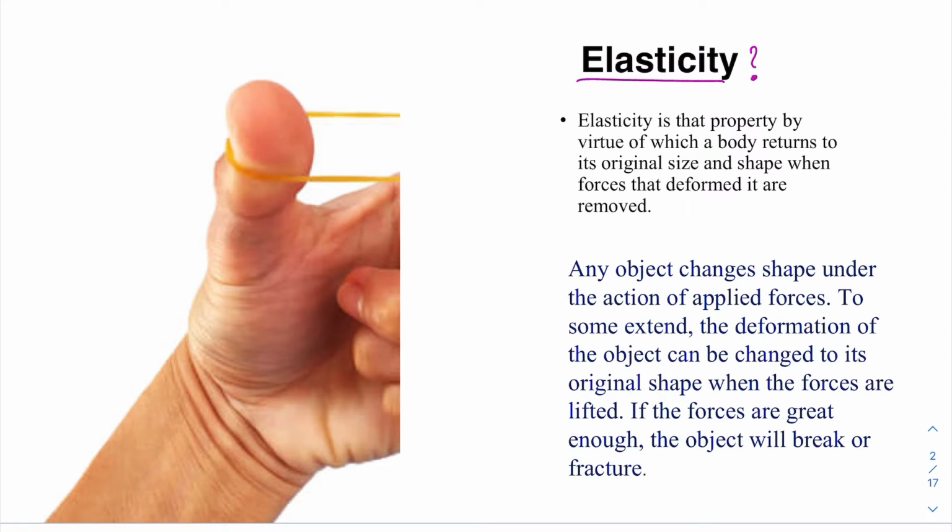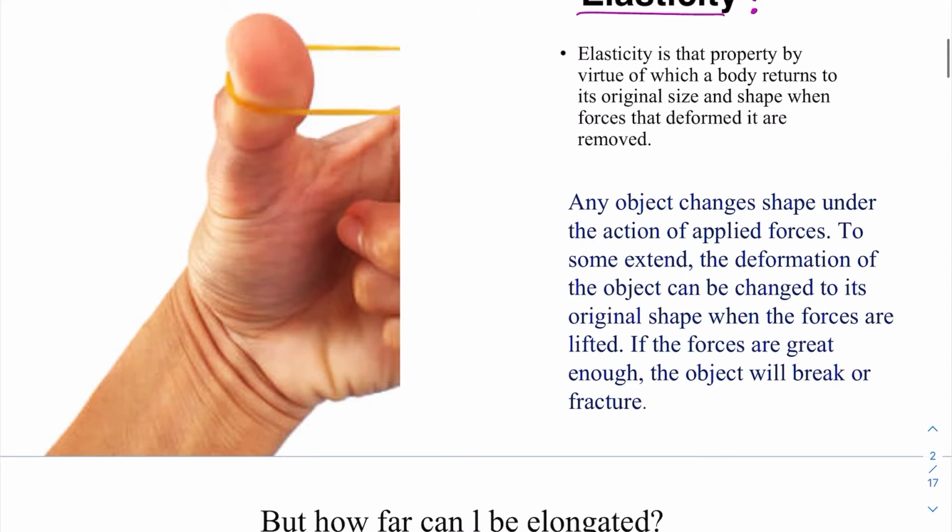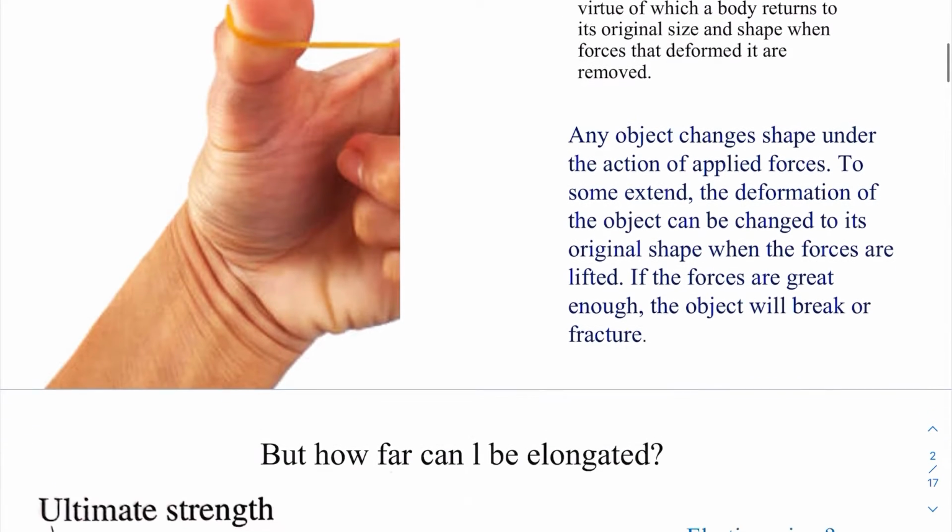In some materials that is very obvious, for example, rubber bands or springs, but in other materials it is not visible and not tangible.